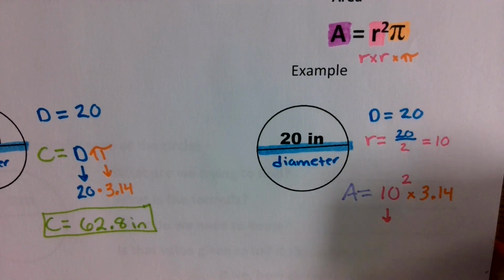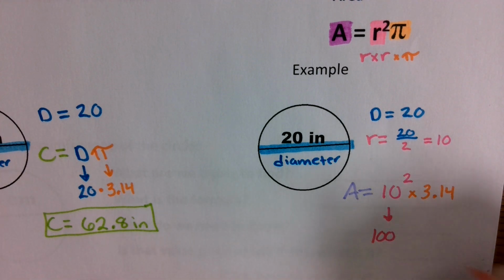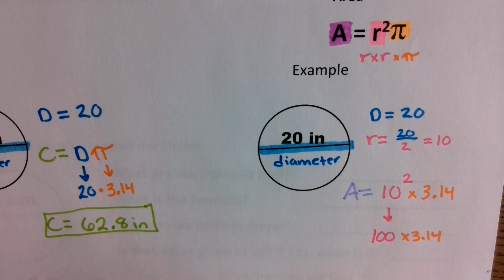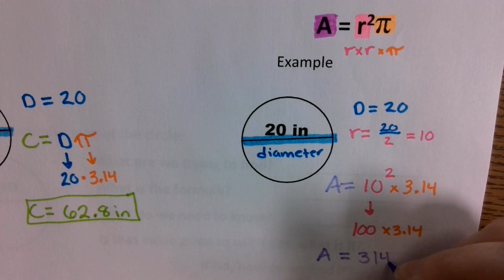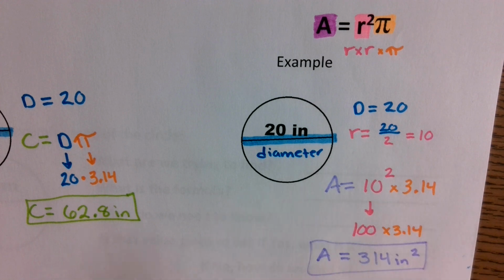What's 10 times 10? 100. Okay, so we get 100 times 3.14. So the area for the circle is going to be 314. And that's inches squared, because we're talking about area. Area is going to be 314 inches squared.